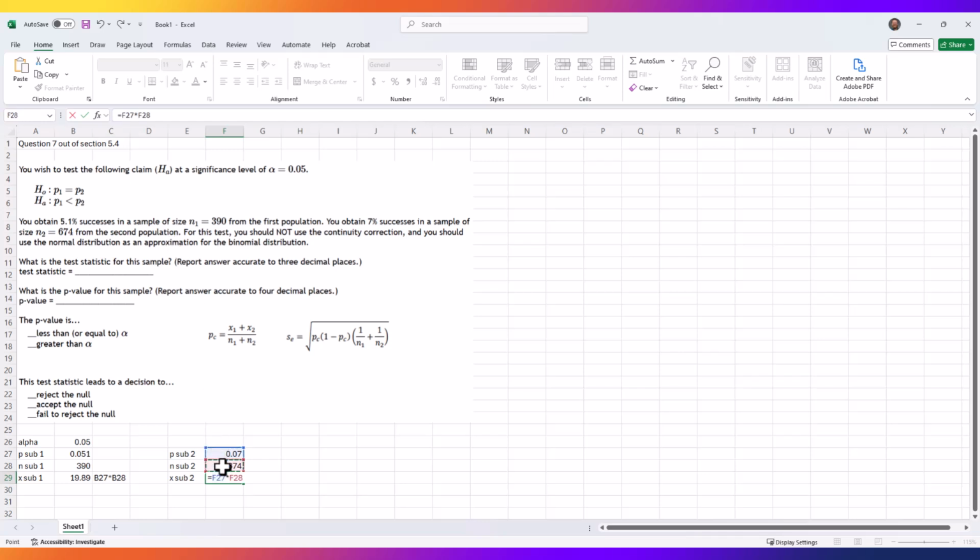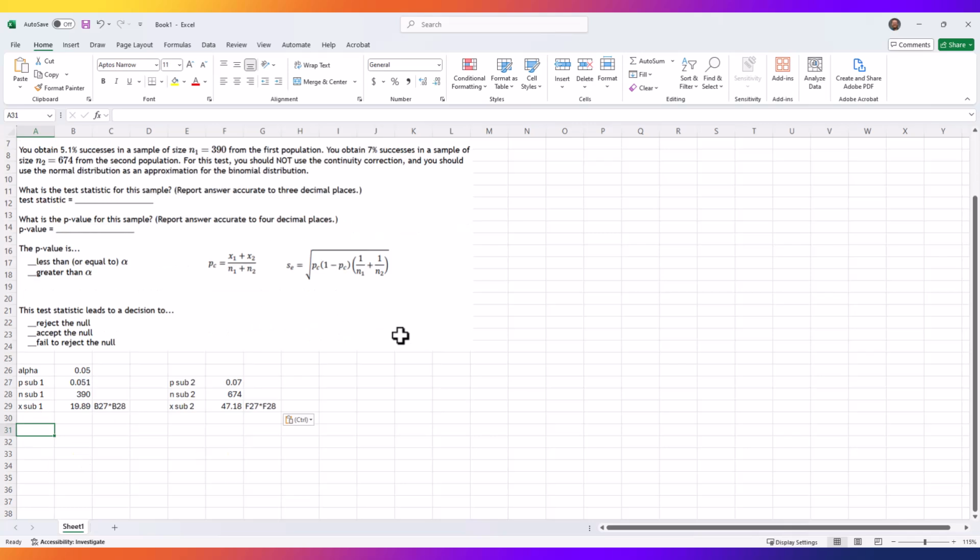So I'm multiplying these cells together. I guess it might be a little more useful if I just typed in the values for you to see that, but we started this way, so I'll just keep rolling with it. The first thing I need to do is find p sub c, and that's the pooled probability.